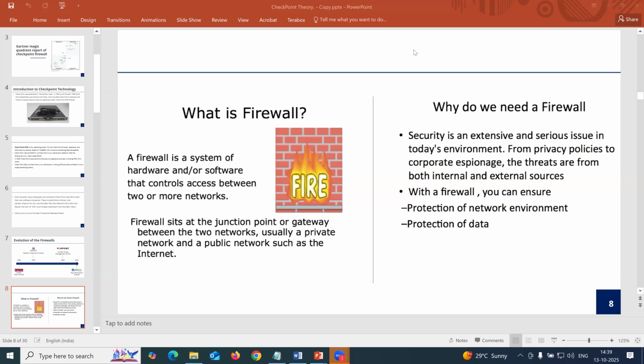These types of questions will come initially. They won't directly ask you for configuration, those things. So let's understand things from the very basics, and then we'll go to the next level. So what is a firewall?